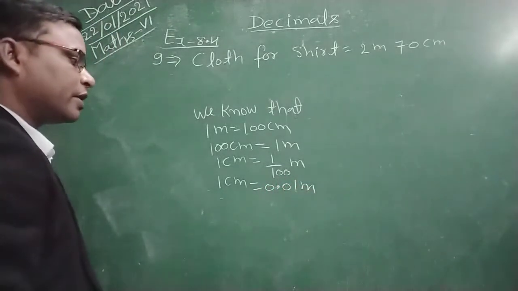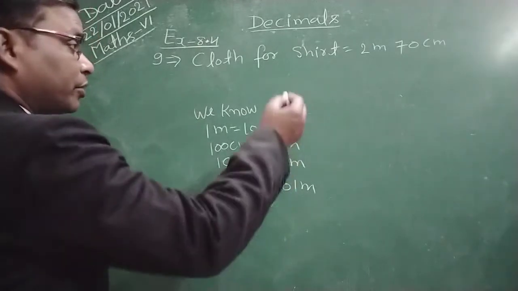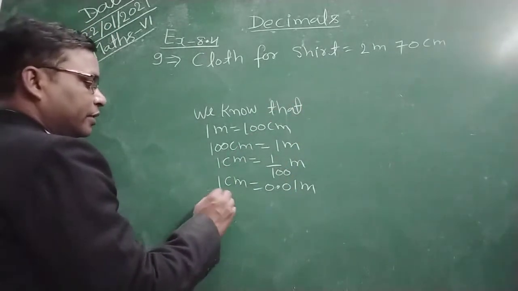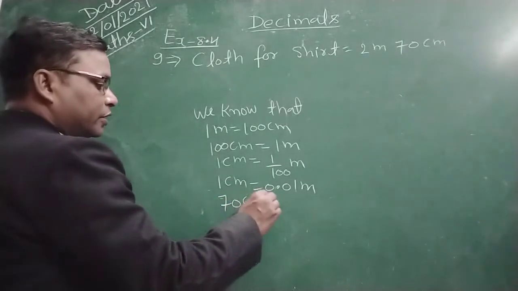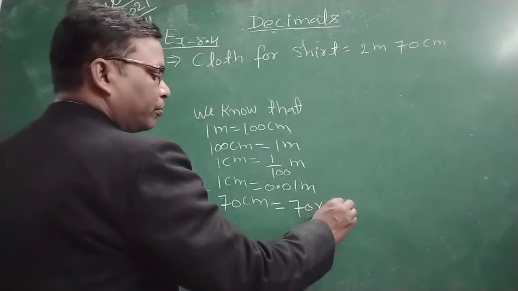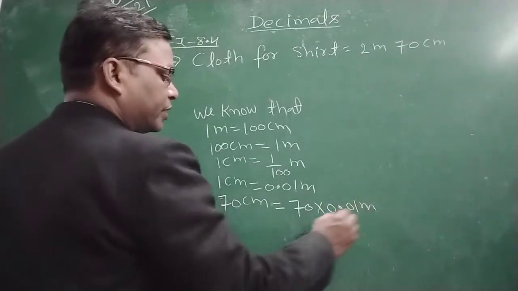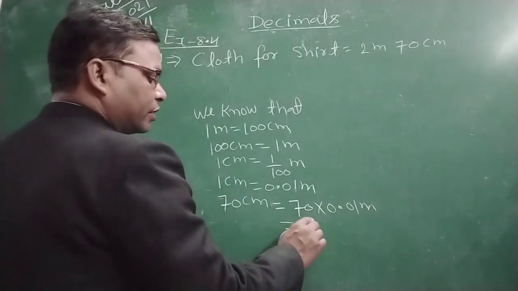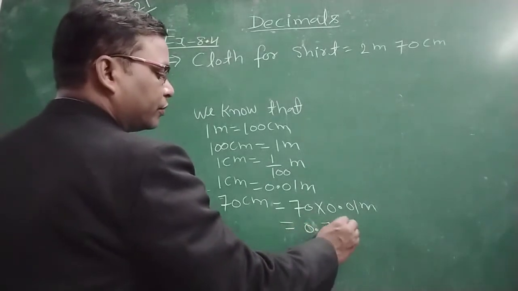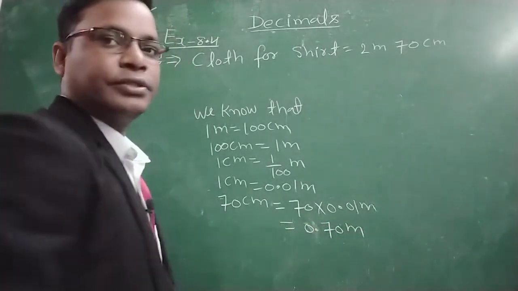This is clear? Now, we have 70 centimeter. So 70 centimeter is equal to what? 70 centimeter is equal to 70 into 0.01 meter. This is equal to 0.70 meter. This is clear?